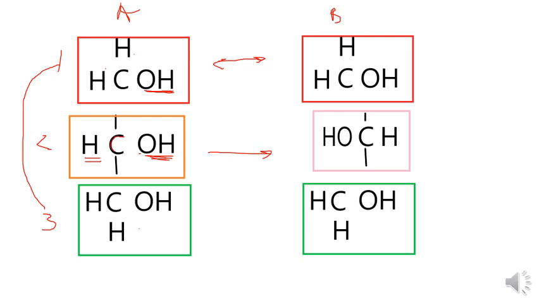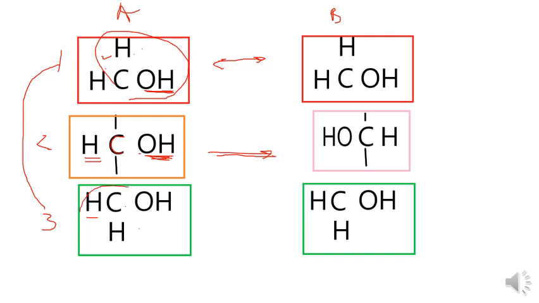So does this carbon have 4 different things attached to it? No. Group 1 and group 2 are the same. So for these two structures, it doesn't matter if this OH is on the left or right. Even though number 1 and number 2 look the same, you have to look at the whole picture, the whole group that's attached to this carbon.